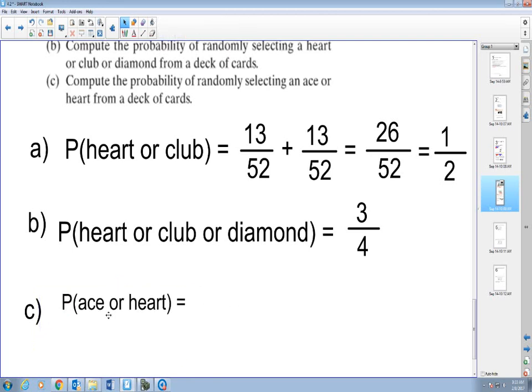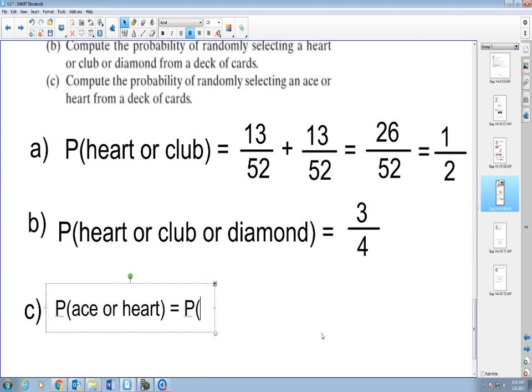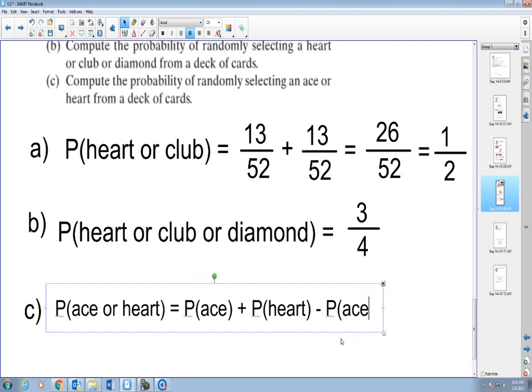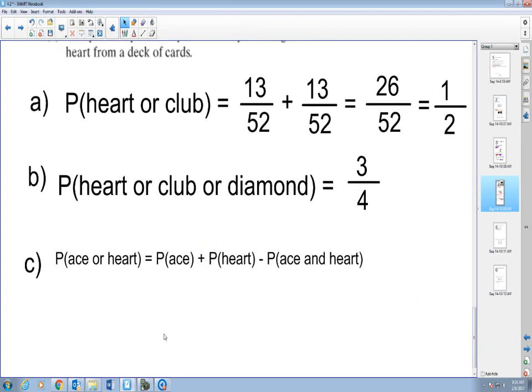So this time, we're gonna think, this is gonna be the probability of getting an ace plus the probability of getting a heart. But there is one card that is both of these, which is the ace of hearts.